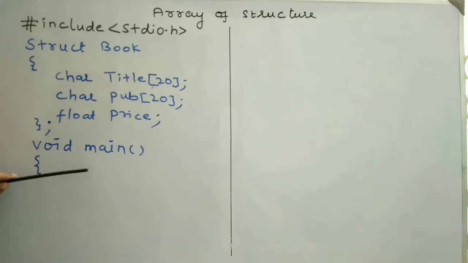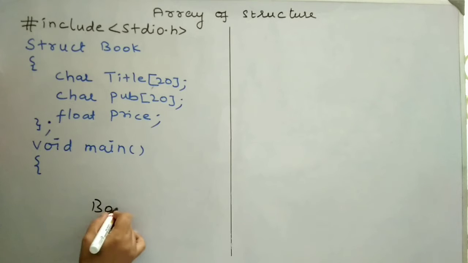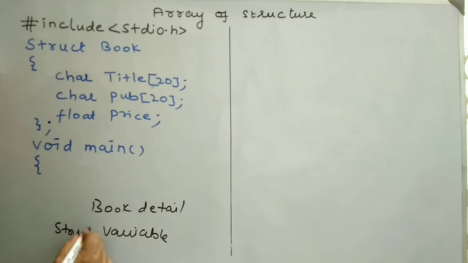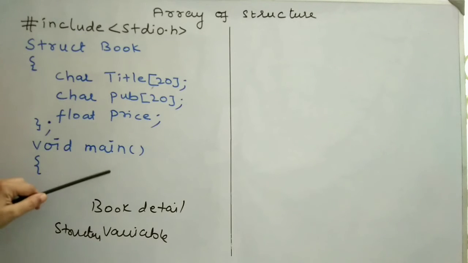So inside main, whenever I want to add a book detail, I would be creating a structure variable of this book. Each time I want to add a book detail, I will be creating a structure variable. Instead of creating multiple structure variables, I may create an array of structures, which is nothing but a collection of multiple structure variables.